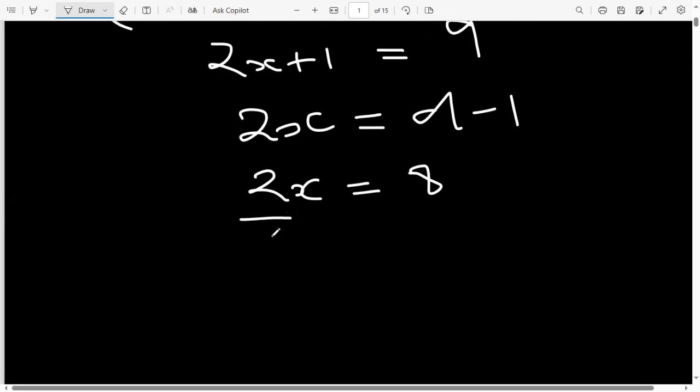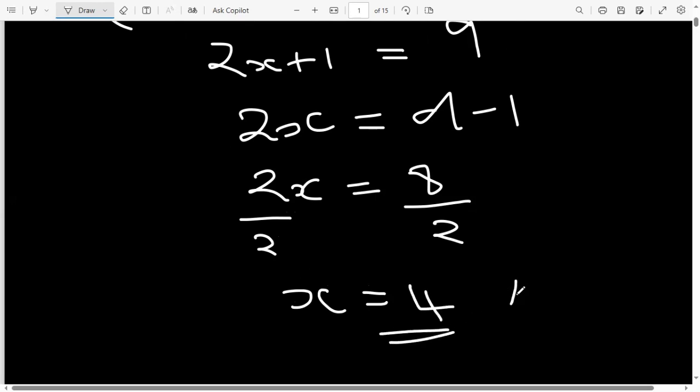And then we can divide by 2 both sides. We are going to get x equals 4. I'm pretty sure all of you have gotten this one because it's very simple. Just square both sides and then you solve for x. So that's how we can solve A.